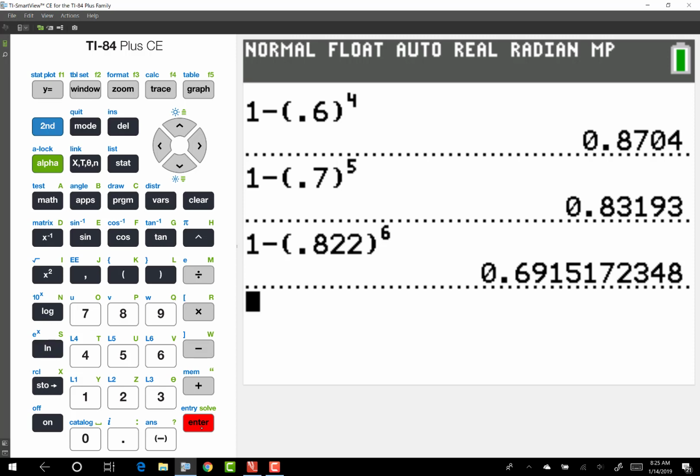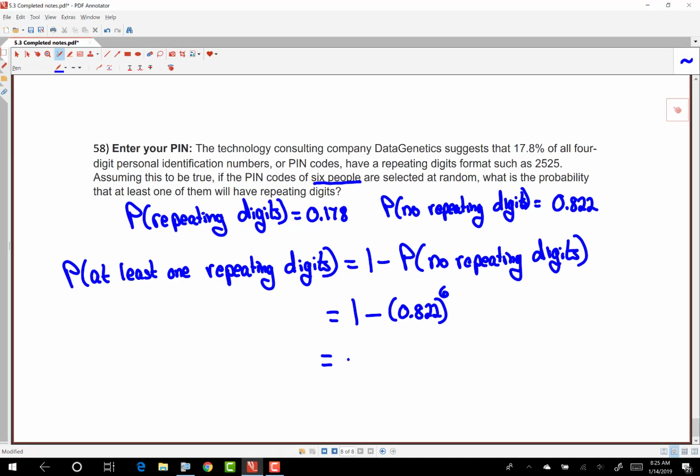And so that probability is 0.6915. So if you randomly select 6 people, there's about a 69% chance that at least one of them has repeating digits in their PIN number. Okay, and that finishes up section 5.3.